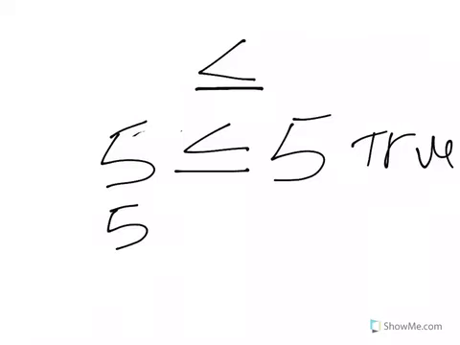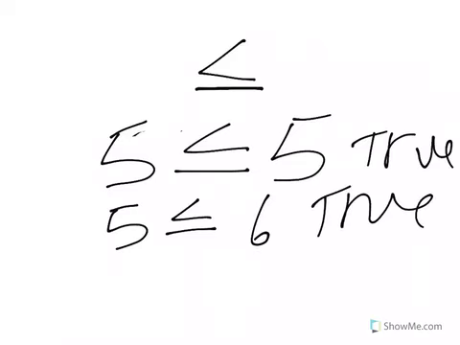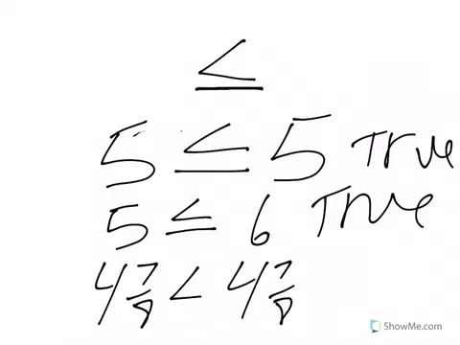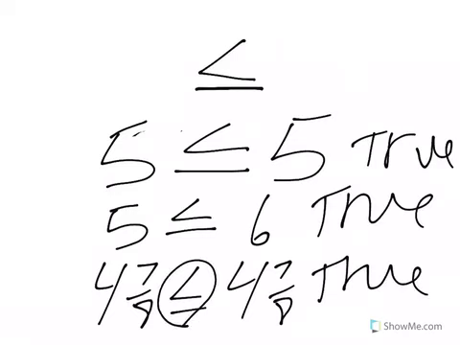If we said 5 is less than or equal to 6, that's also true, because it is less than or equal to. It's not both, but it's one of the two. It's less than. If we say 4 and 7/8 is less than or equal to 4 and 7/8, once again, that's true.